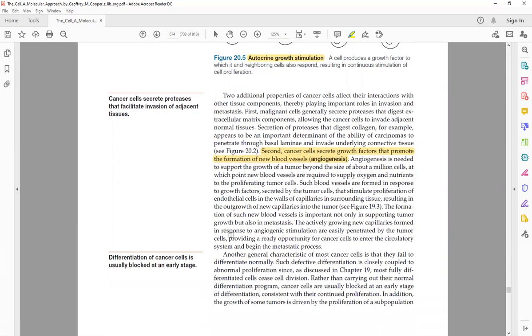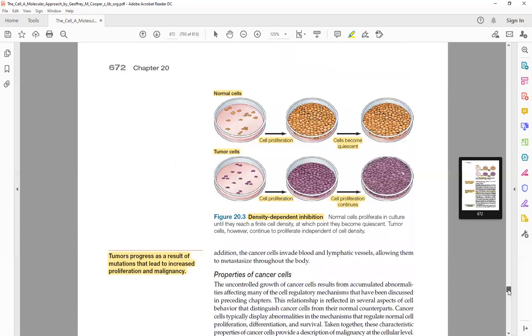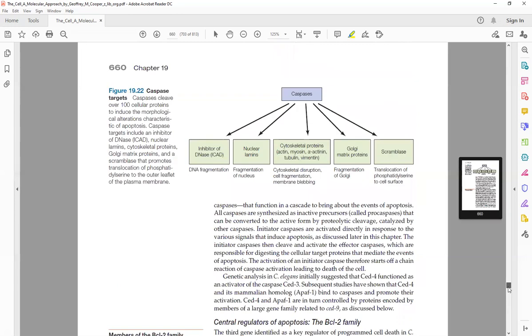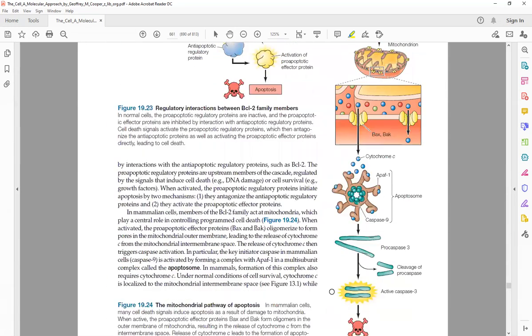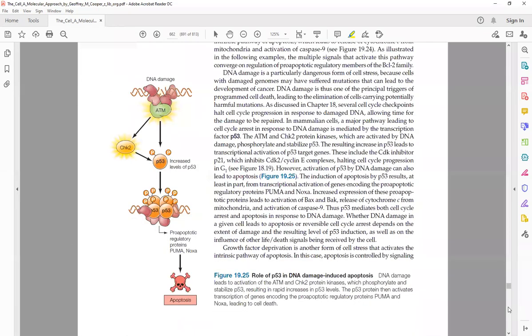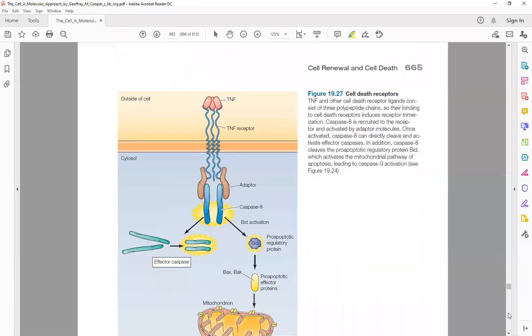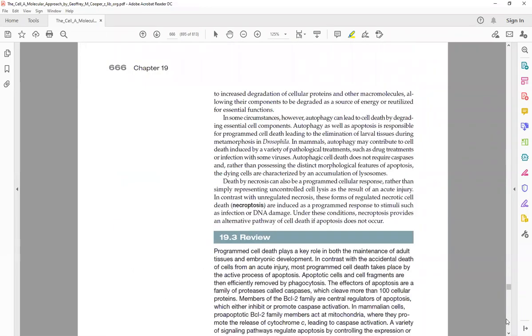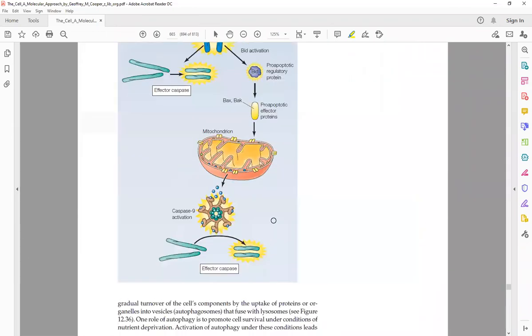Now, which are the growth factors that are being secreted? As I have already told you, in chapter C, figure number 19.3. So we will be moving to that particular figure 19.3. Just a second. We will be looking at that particular figure. There's a very good figure 19.3 given that would be explaining to you.